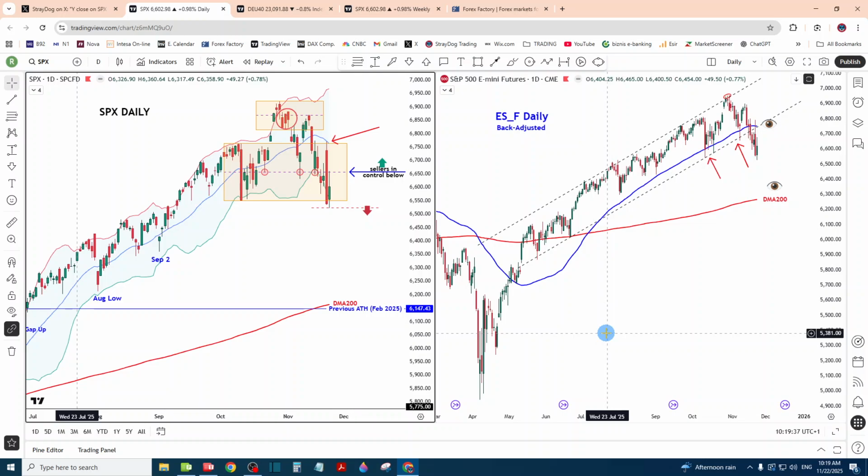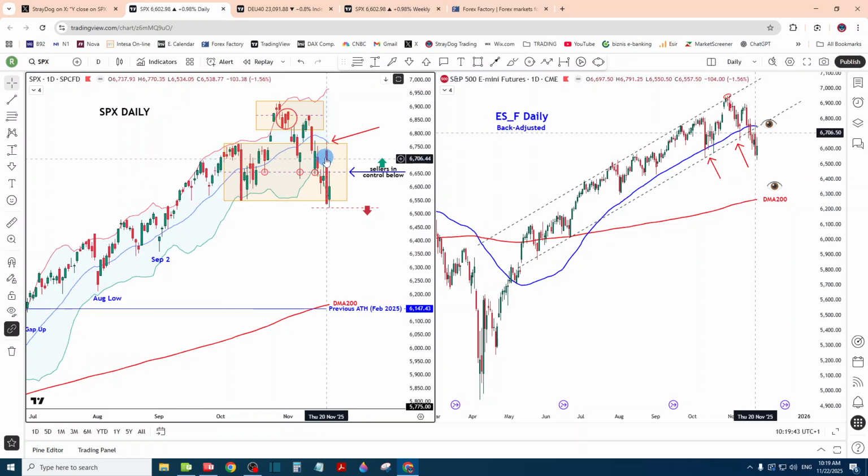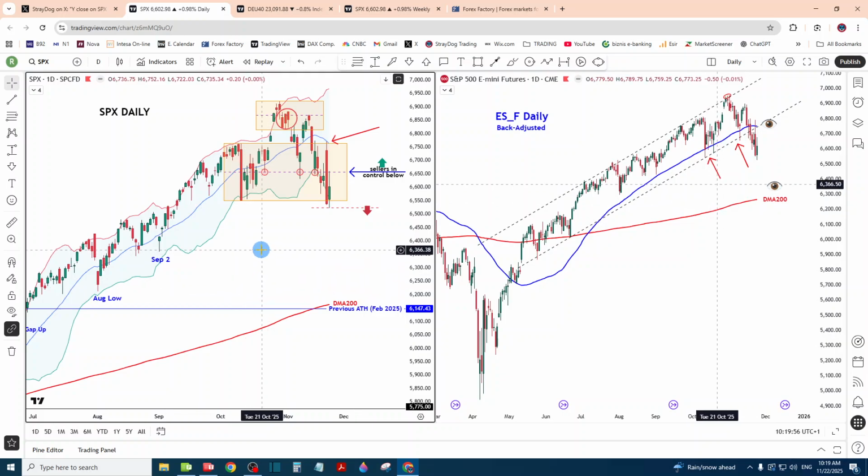If those attempts are not present, or if they fail, like some up move like this, which failed, because remember, this was the true gap up, which completely failed. So if you see those failures, then break below previous week lows has more odds to happen.